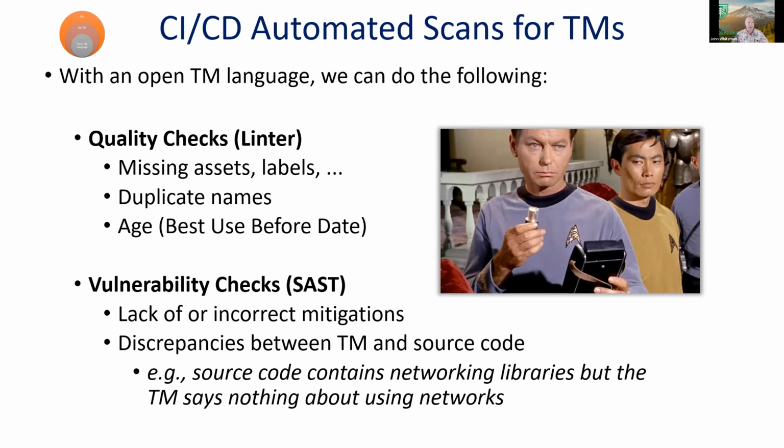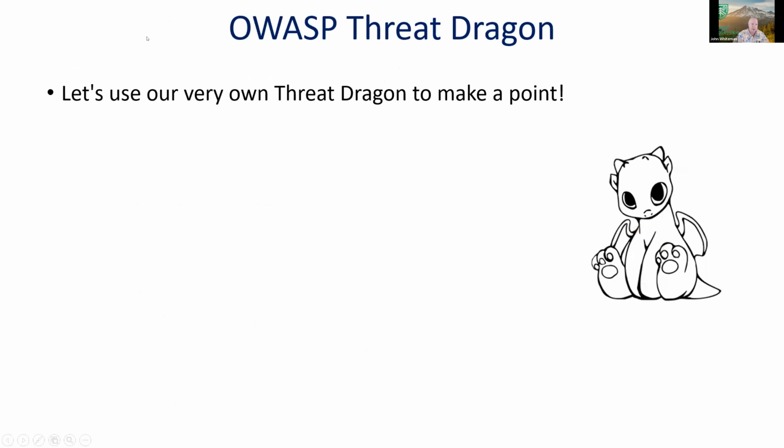So for example, as people are checking things in, all of a sudden your source code starts containing network libraries or crypto or something of that nature. But your existing threat model says nothing about networks, says nothing about crypto. That can raise an alert and say, hey, you might want to go back and take a look at your threat model. It looks like we're getting some stuff in here that you haven't considered before. Could be a false positive, could be real, who knows?